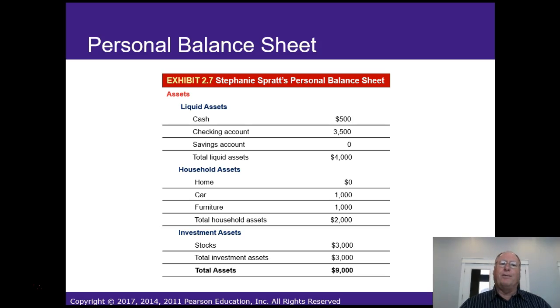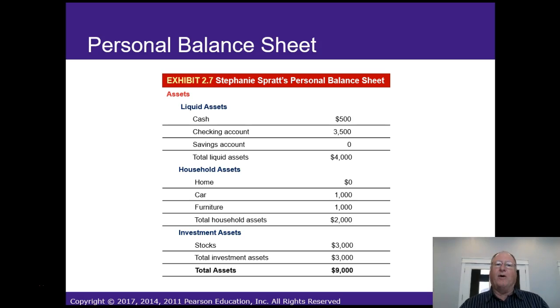The first component piece is what are called liquid assets. Liquid assets are those assets that are either cash or can be easily converted to cash without a loss in value. In other words, a checking account isn't cash per se, but is something that you can, in essence, convert to cash without any loss in value.